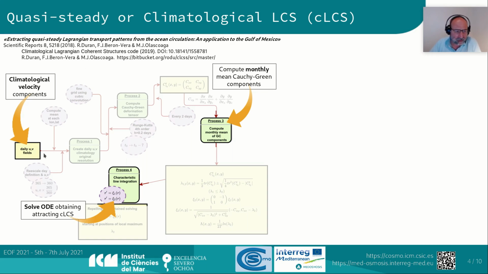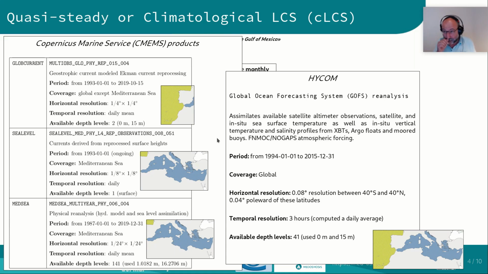It basically starts from the climatological velocity fields. Then it is possible to compute the monthly Cauchy-Green components, and then to solve the ordinary differential equation to find the Lagrangian coherent structures.